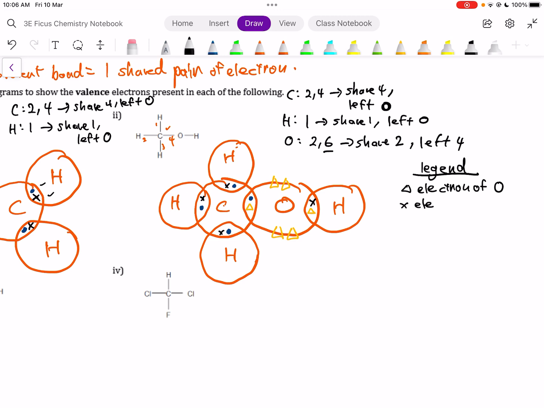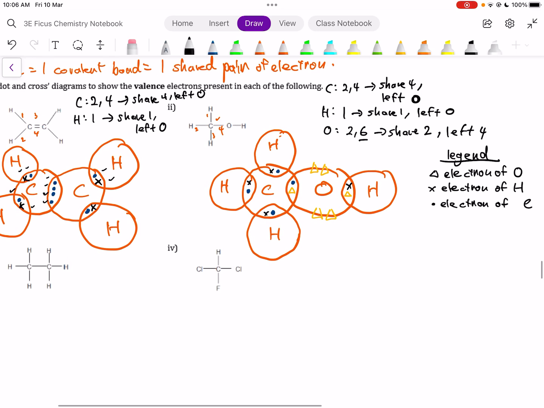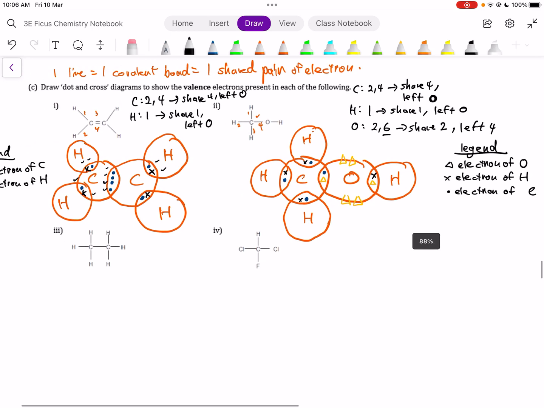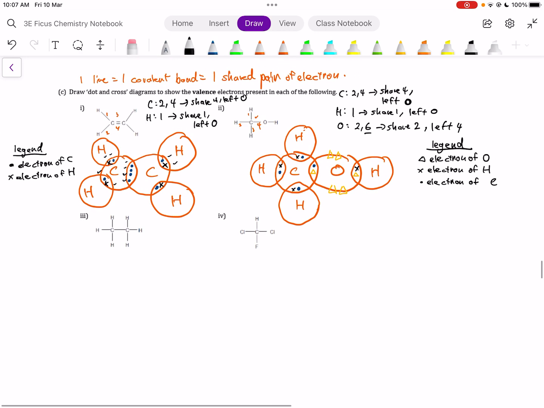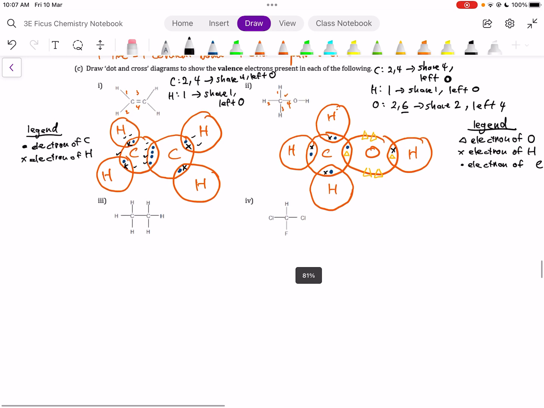Cross is electrons of the H. And then dot is electrons of carbon. Okay, so I shall go on.